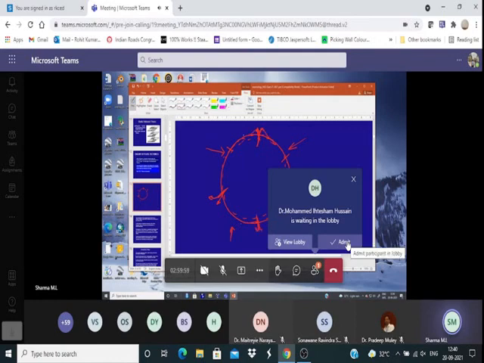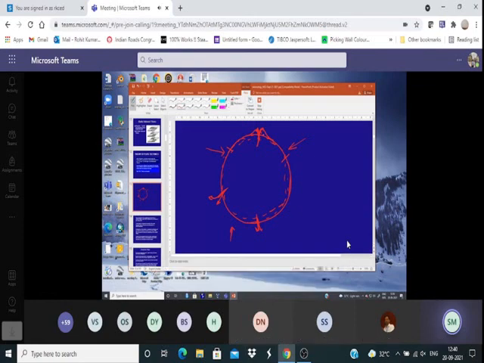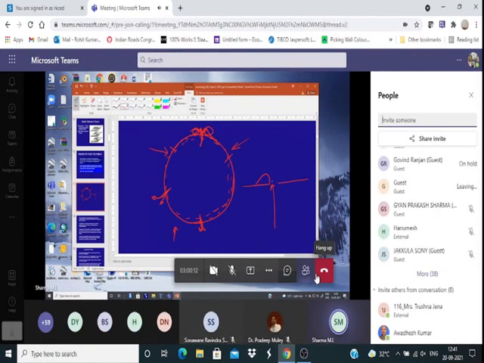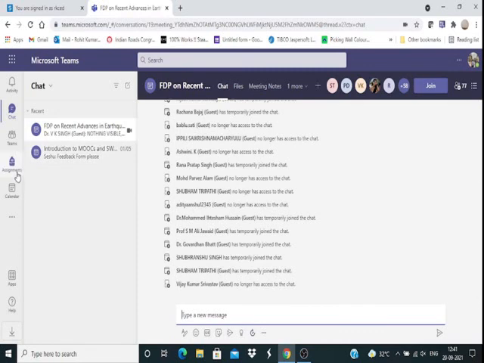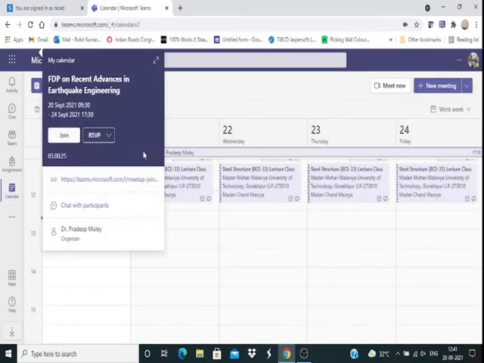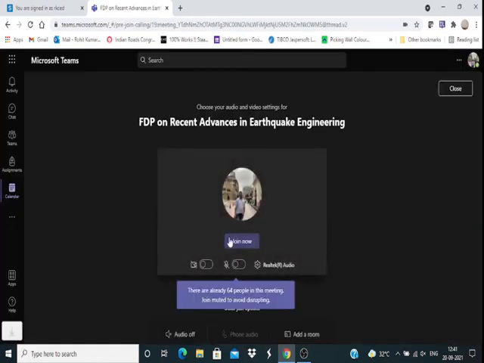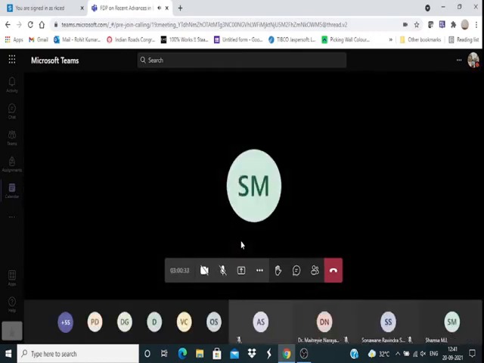Now, if the material is coming, it will fall here, and after some time it will cool down. Then newer material will come. So the material has come and it has fallen here. After some time, again newer material will come and push this.